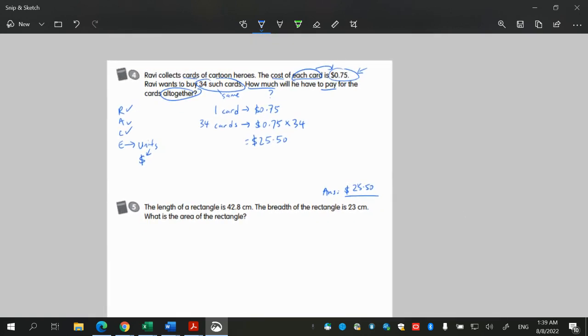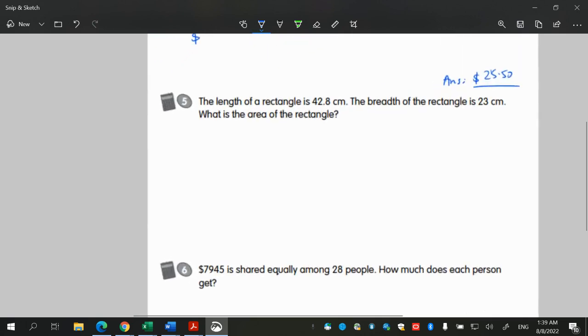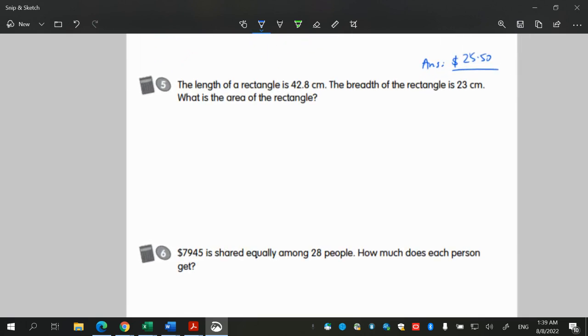So I chose my method. Moving on. Question 5. The length of a rectangle is 42.8 centimeters. The breadth of the rectangle is 23 centimeters. What is the area of the rectangle? There's this rectangle, quick annotation. The length, that means the long side, is 42.8 centimeters.